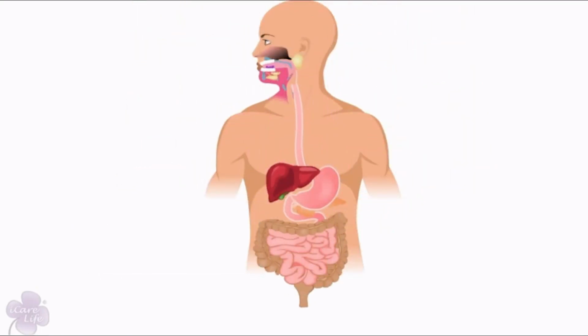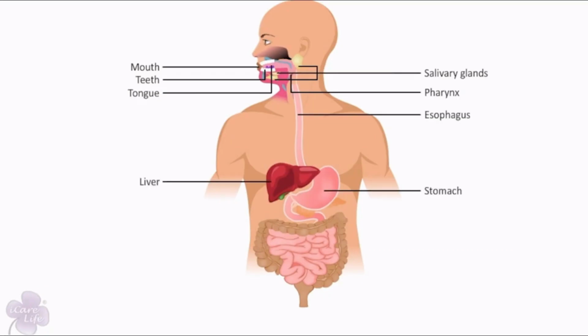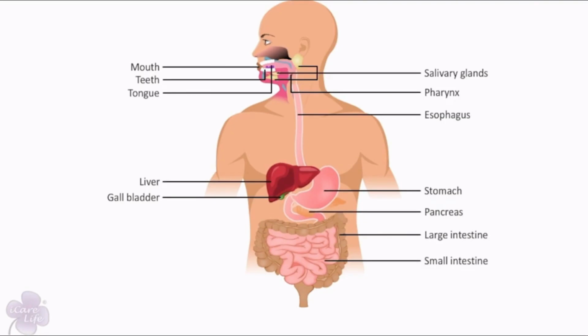Let us recap. The parts of the gastrointestinal system are mouth, teeth, tongue, salivary glands, pharynx, esophagus, stomach, liver, gallbladder, pancreas, small intestine, large intestine, anus.